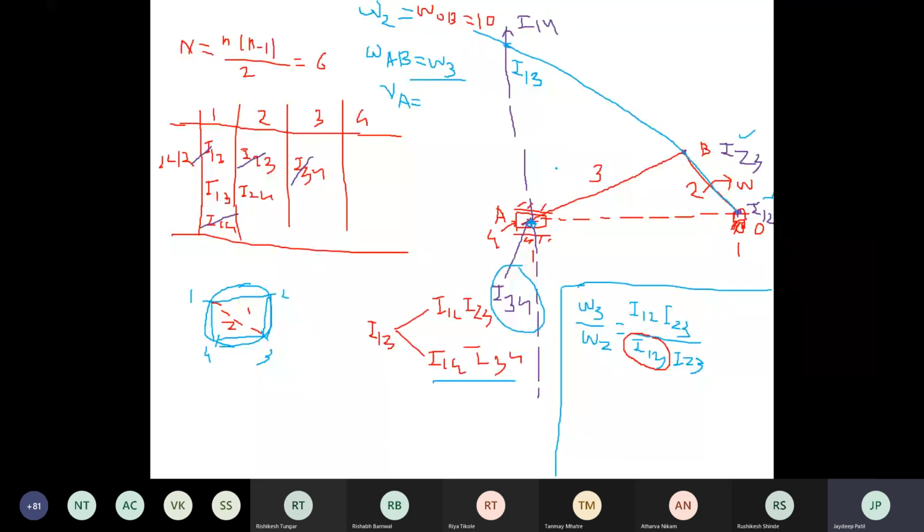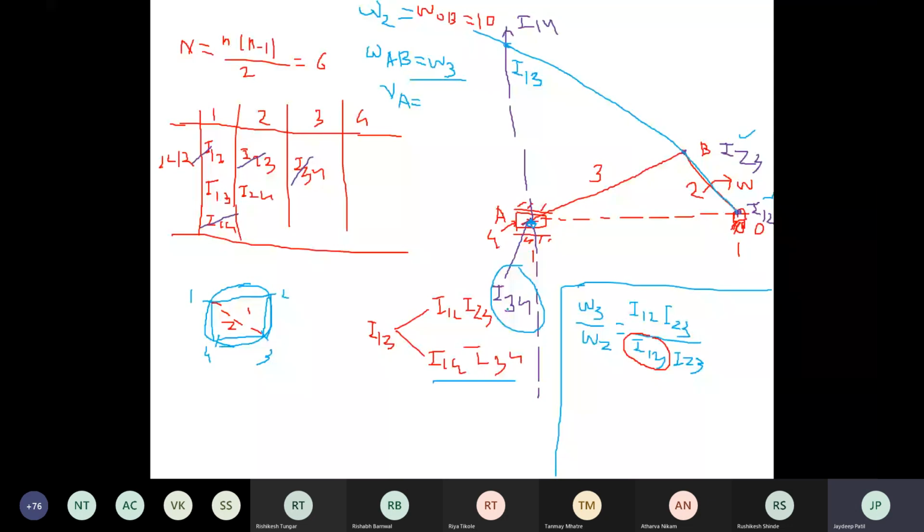It is the infinity through this I34. Means I34 and I14 are on the same line, the infinity line. I14 is the infinity line and it is passing through I34. ओके ओके. यहाँ पे I34 मिल गया, I13 मिल गया.